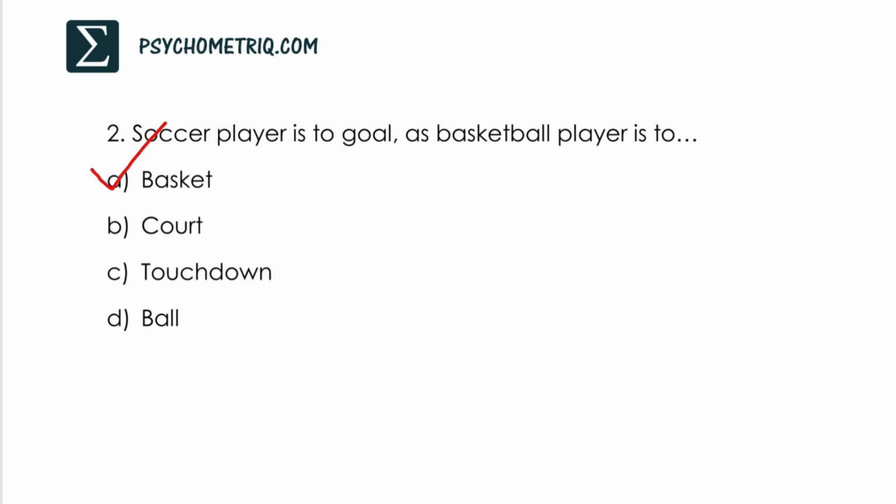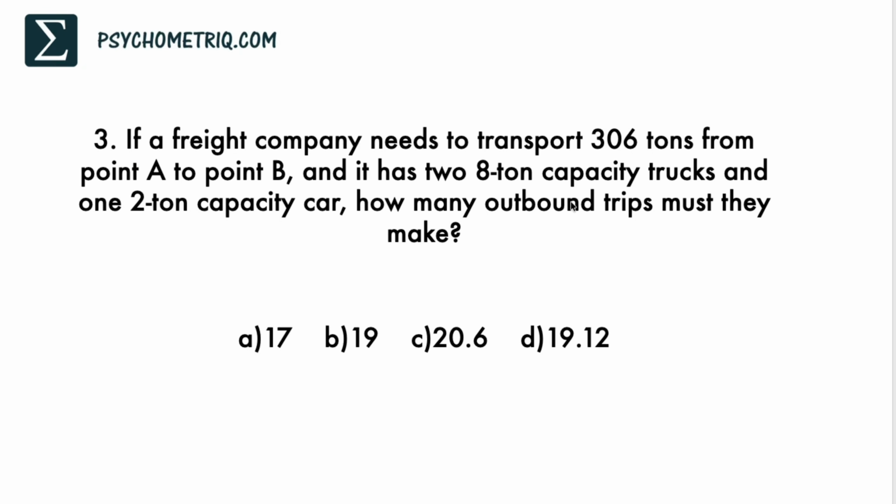Let's move on to exercise 3. If a transport company is tasked with moving 306 tons from point A to point B, and they have 2 trucks with a capacity of 8 tons each, plus 1 smaller truck with a capacity of 2 tons, exactly how many individual one-way trips must the company make in order to complete the task?